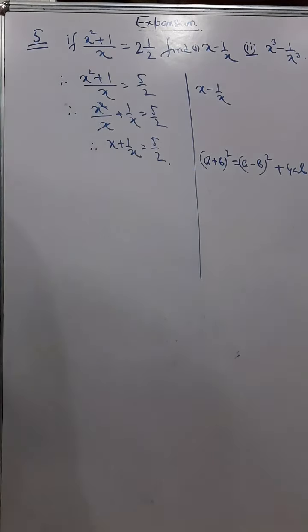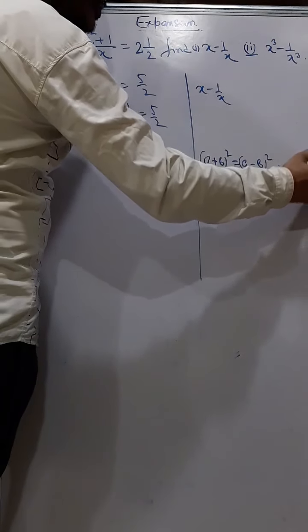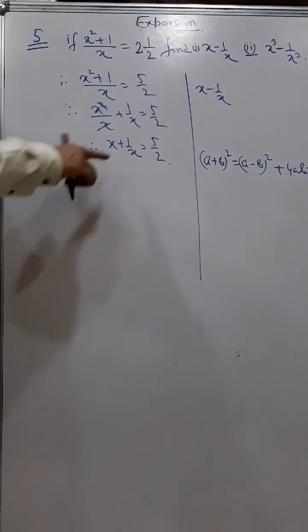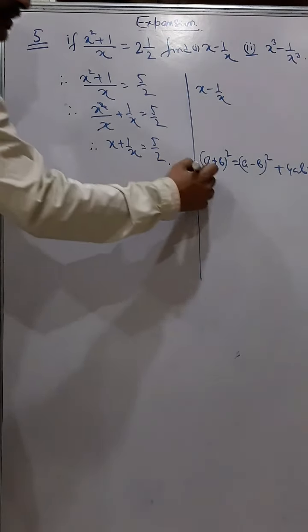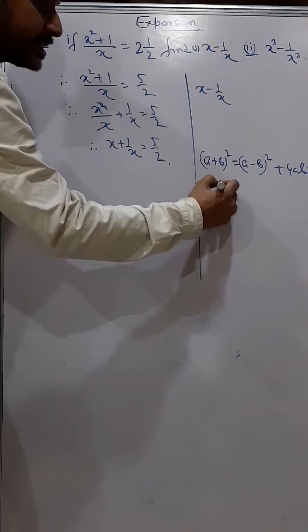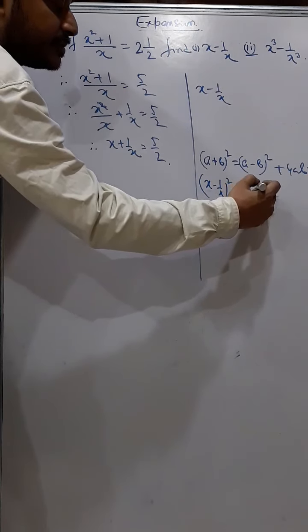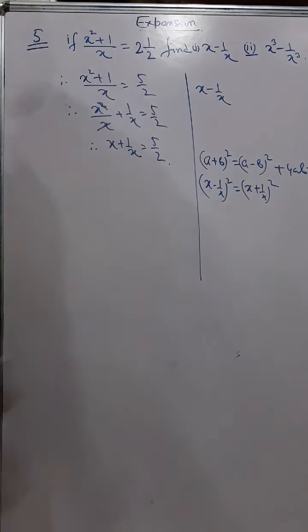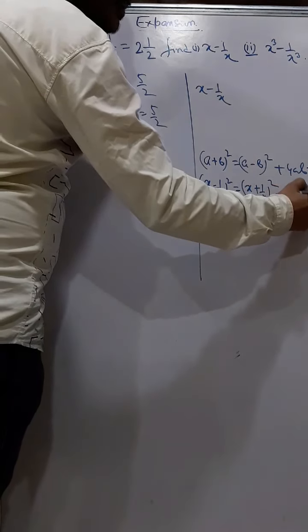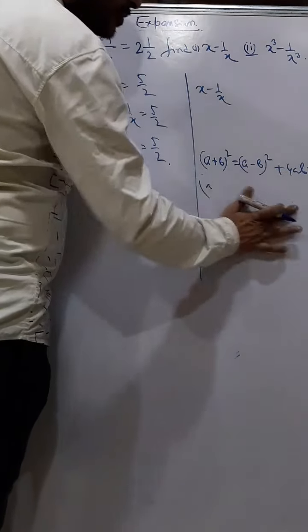You can do it in this way, but I am just telling you the other way. So remember, this also is there. From x plus 1 by x, you can directly get x minus 1 by x whole square as x plus 1 by x whole square, and that will become minus 4ab. So I am writing the formula again.